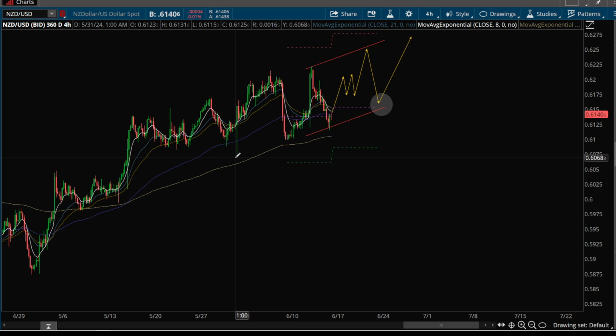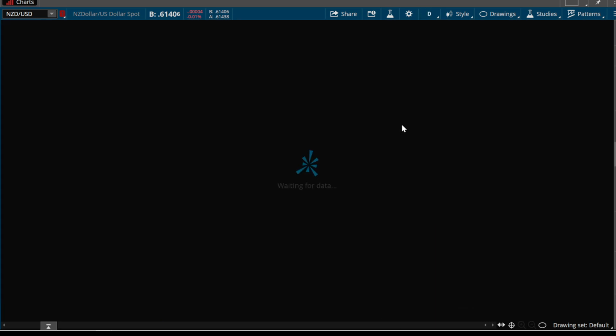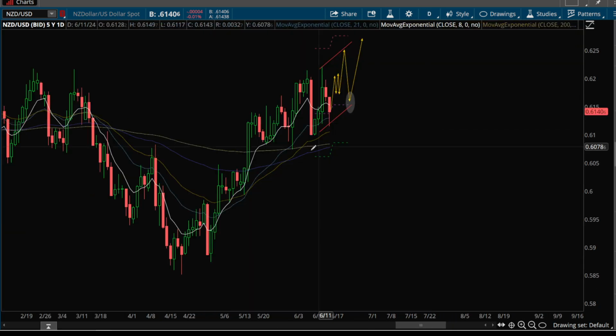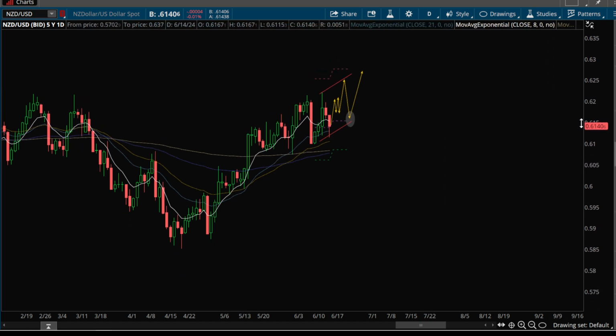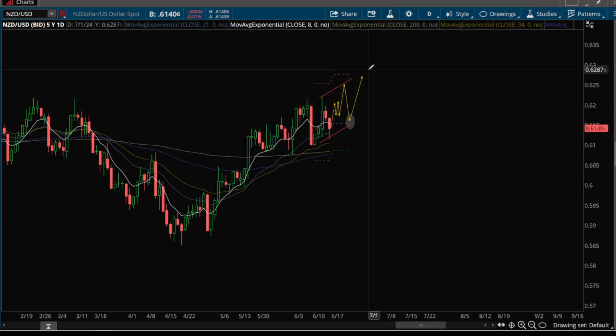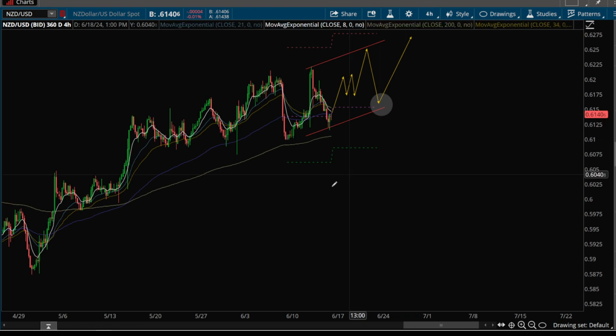So, if anything, I would take a shot on New Zealand. But daily chart, go to daily. You are stacked. So, is New Zealand going to start building out a running flat and continue on up? So, 4-hour chart, right? I'd be looking for something like that on the 4-hour chart.